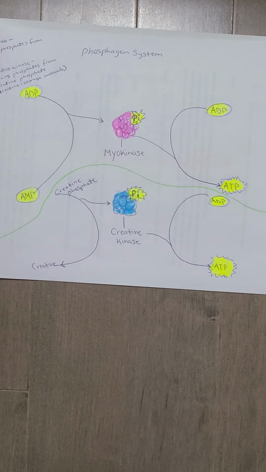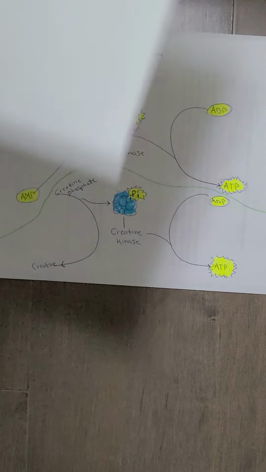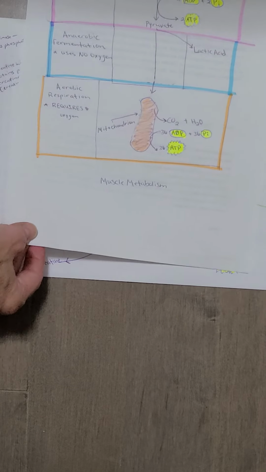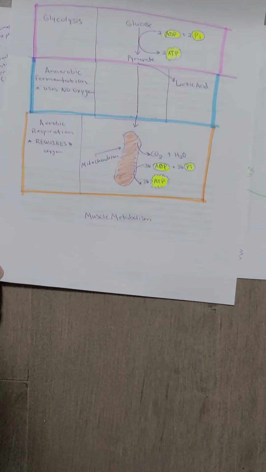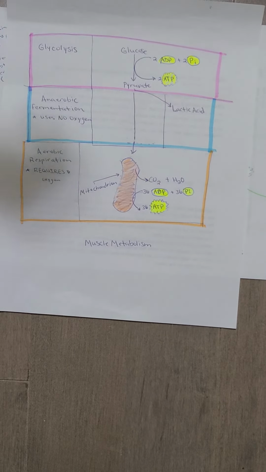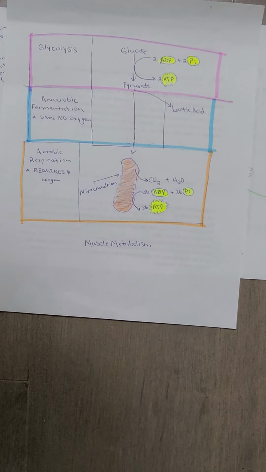It produces two ATPs for each glucose consumed. And it can produce enough ATP for 30 to 40 seconds of maximum activity.